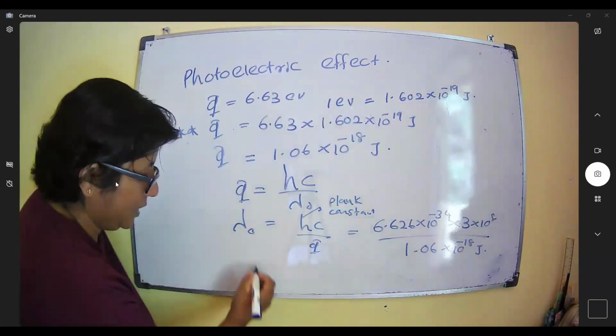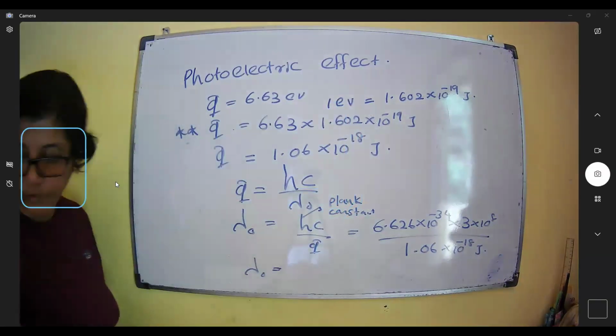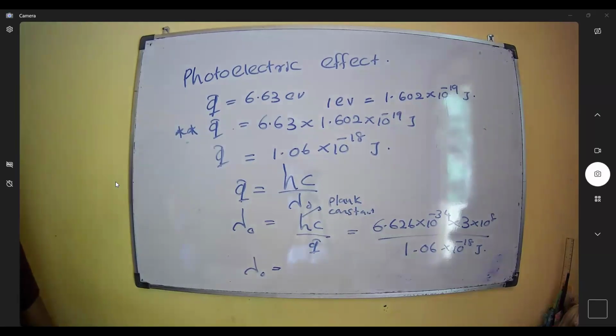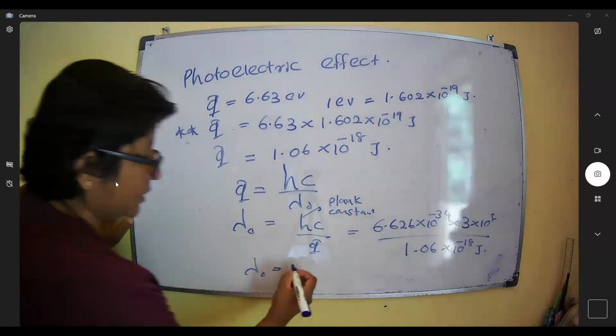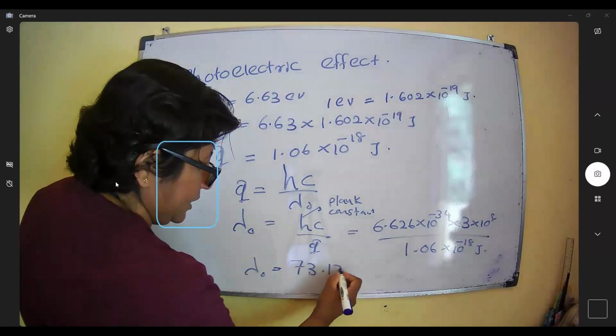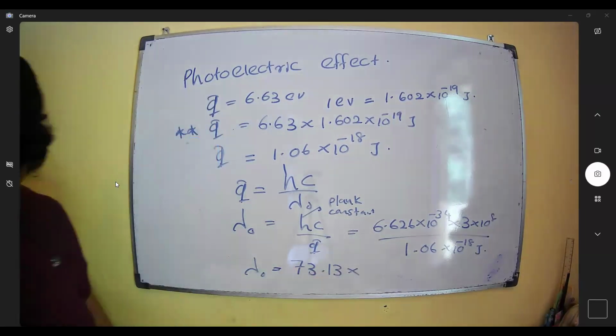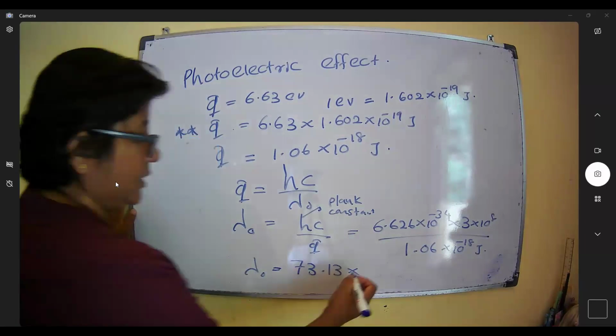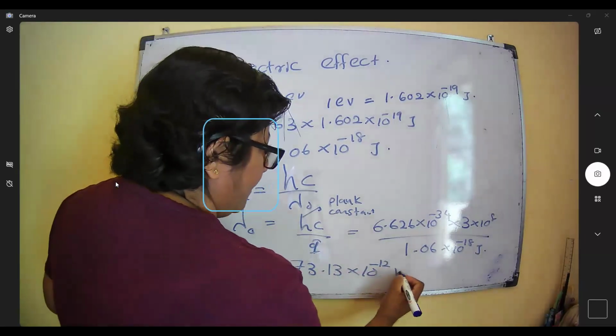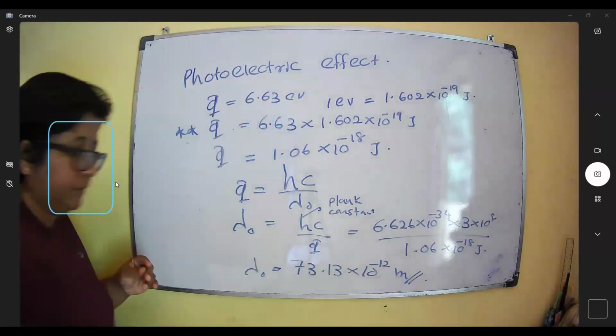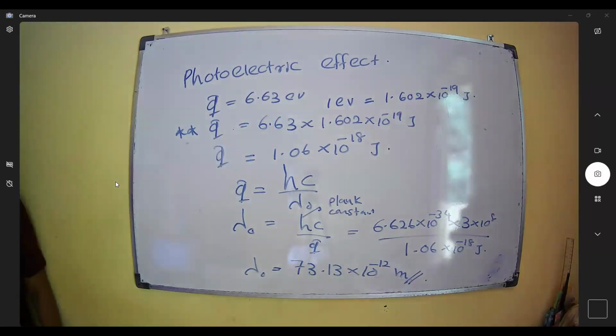Then you can find the wavelength lambda naught related to this work function. Calculate this and check with my answer: lambda is equal to 73.13 times 10 to the minus 12 meter.